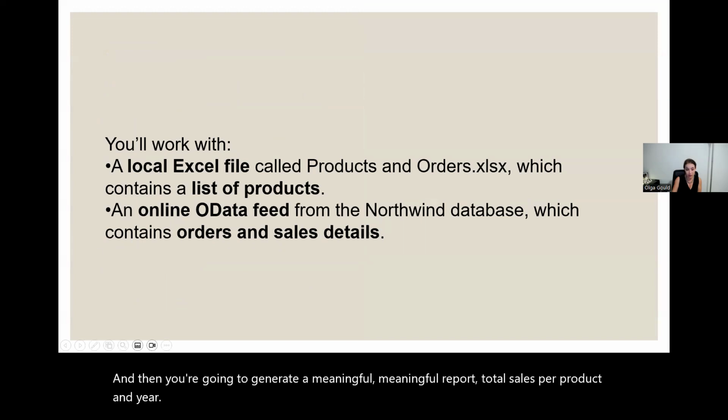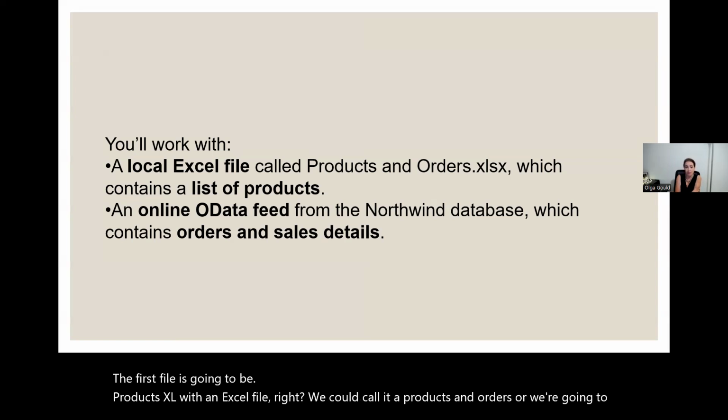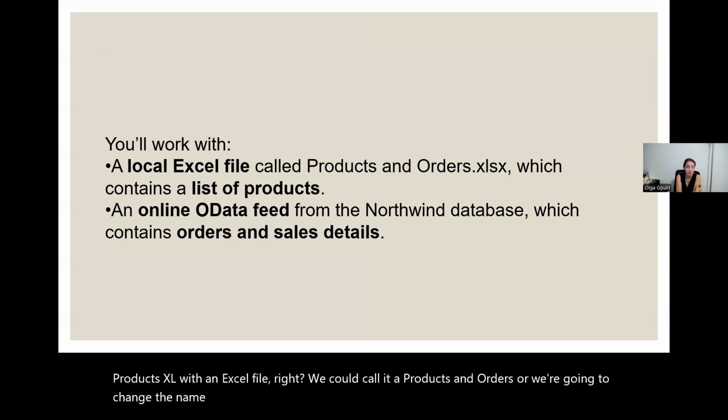So in here, you will work with two files. The first file is going to be products, an Excel file. We could call it products and orders, or we're also going to change the name. It contains just a list of products.